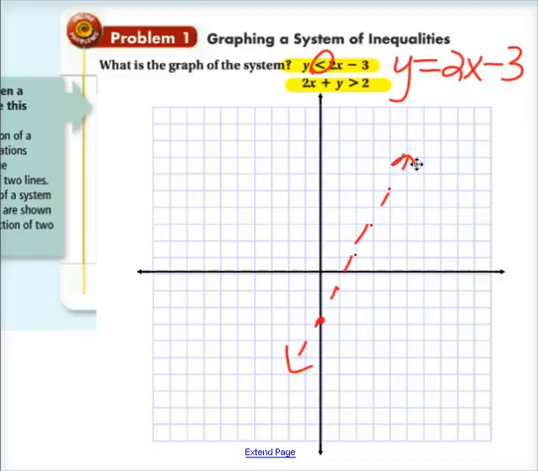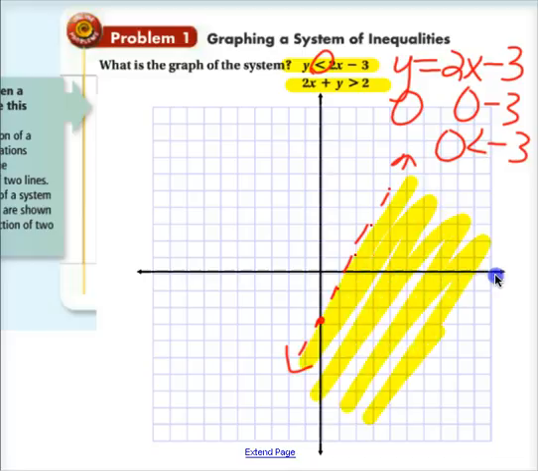Now to know what to shade, I'm going to put the point 0, 0 into my equation. 2 times 0 is 0, minus 3. 0 and negative 3, my inequality symbol is less than. 0 is not less than negative 3. Therefore, I must shade this region underneath my linear inequality.